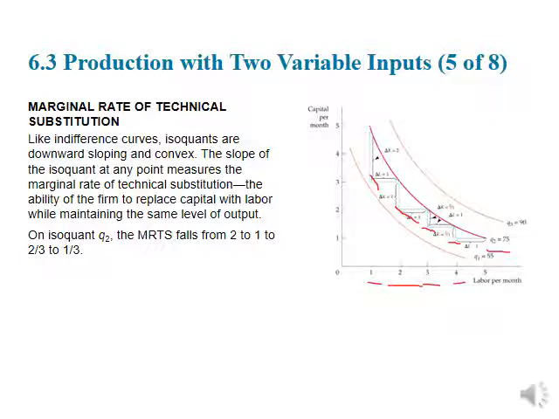Like I said on the last slide, it flattens as we add more labor. Take a minute to inspect this slide on your own and confirm that that's what's happening.